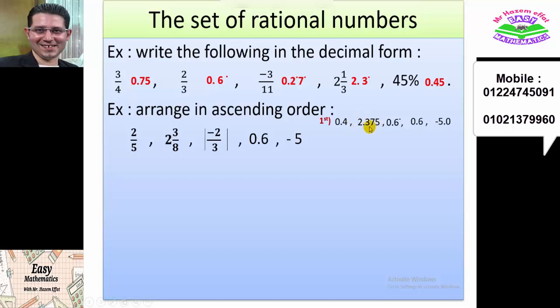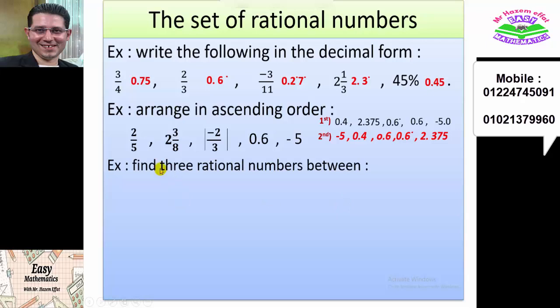This is the greatest one. The first one will be -5, the second one 0.4, the third one 0.6, the fourth one 0.6 dot, and 2.375 as the last.